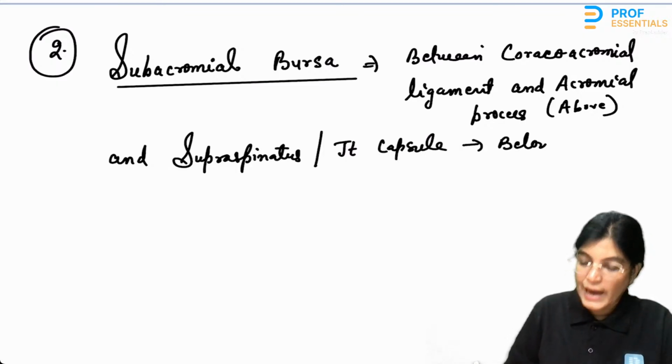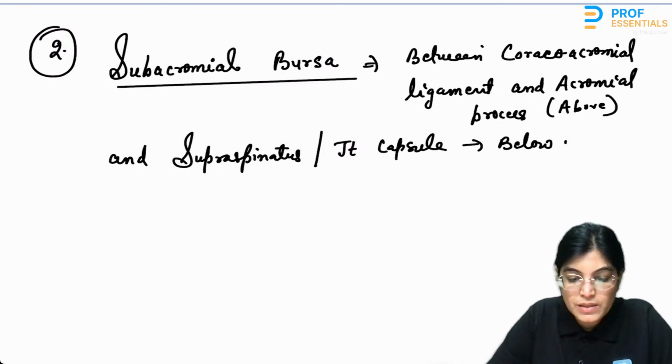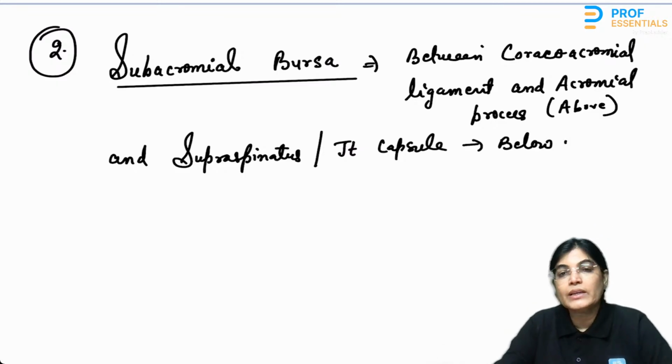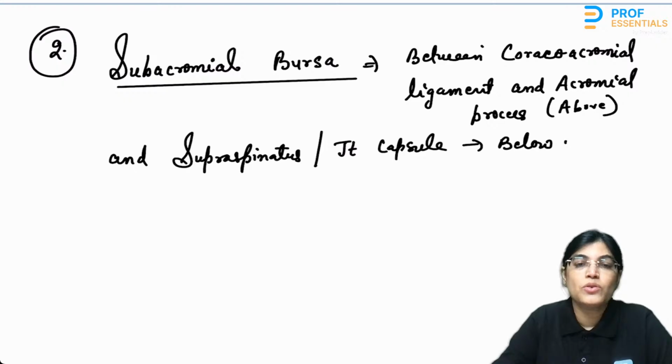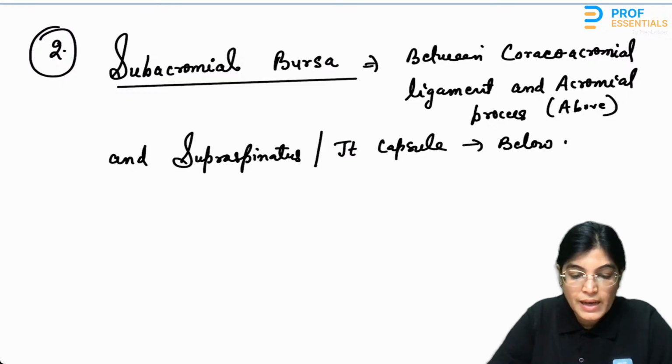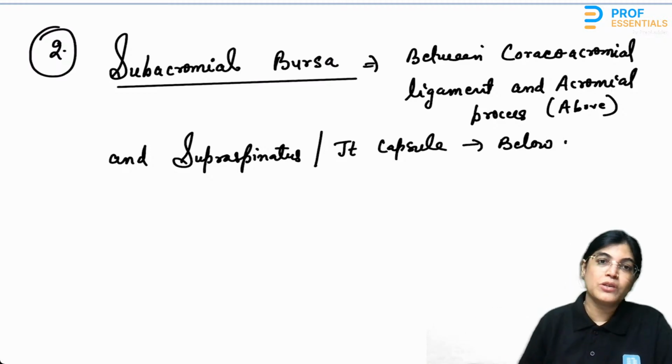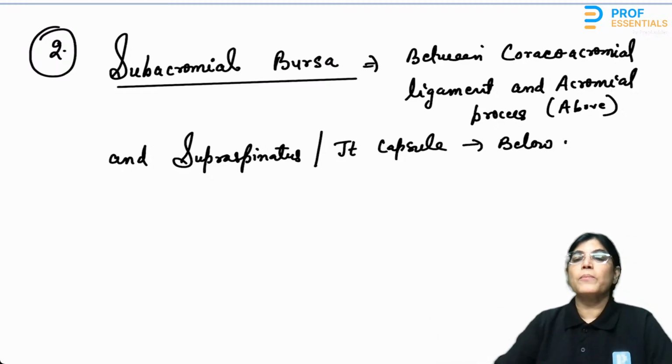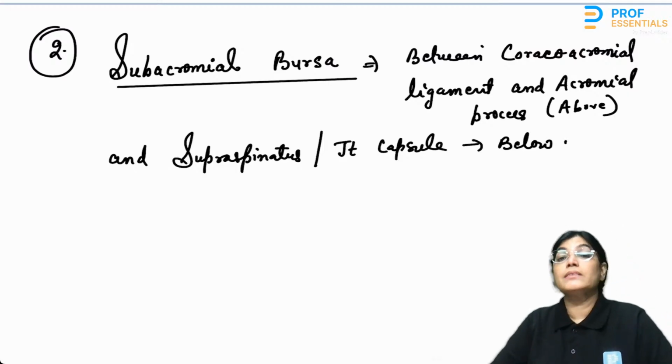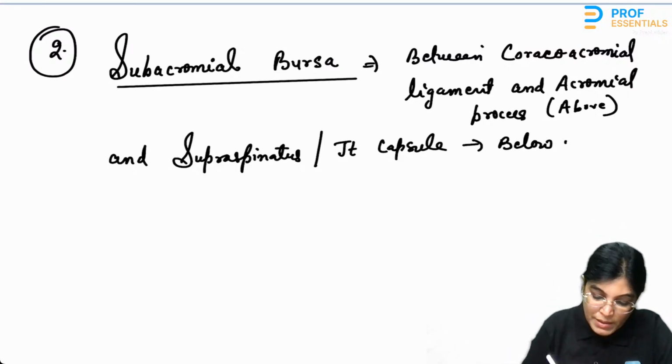So this is exactly the location of the subacromial bursa. It continues downwards beneath the deltoid, so some others also mention it as the subdeltoid bursa, because it communicates with the bursas beneath the deltoid muscle. The third bursa is the infraspinatus bursa.